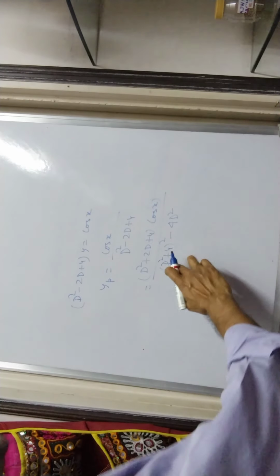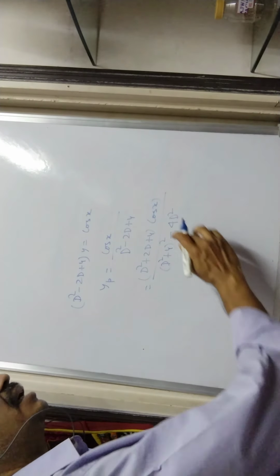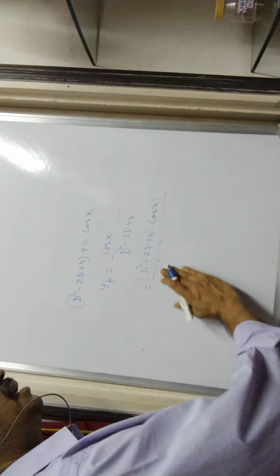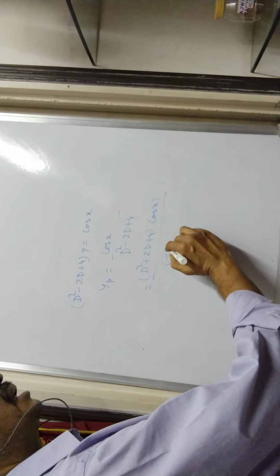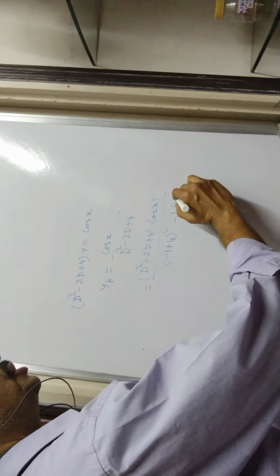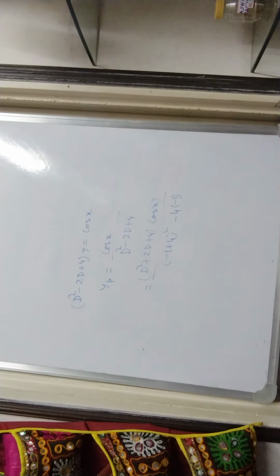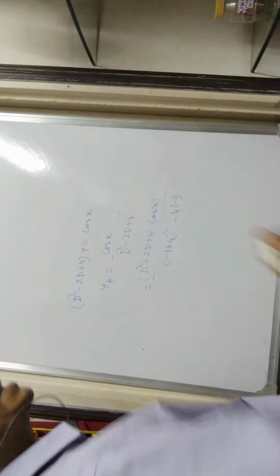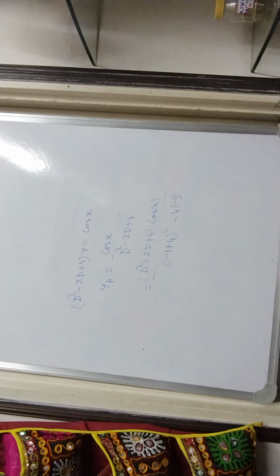And we replace this d square by minus 1, so this becomes (minus 1 plus 4) whole square minus 4 into minus 1. Remember that d square is replaced by minus a square, minus 1 here.